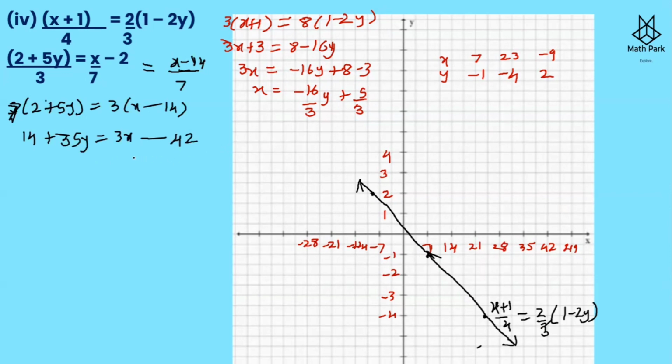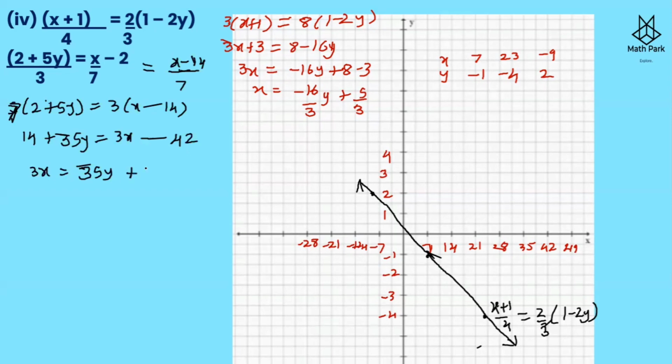So keeping this 3x here and taking the other things over here, you have 3x is equal to 35y, which was already here, and minus 42 goes here, it becomes plus 42. 42 plus 14, you get this as 56.